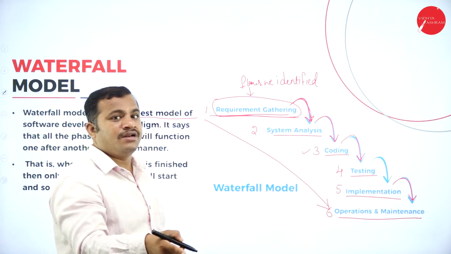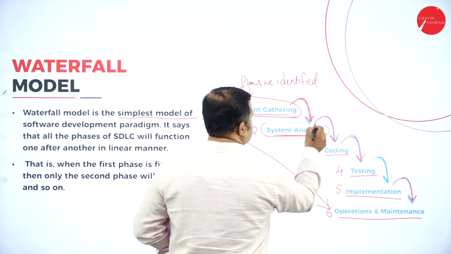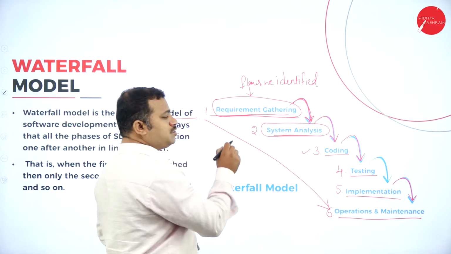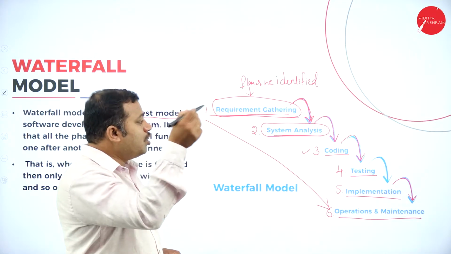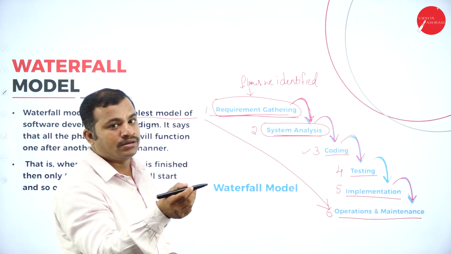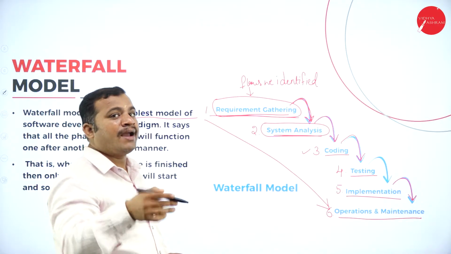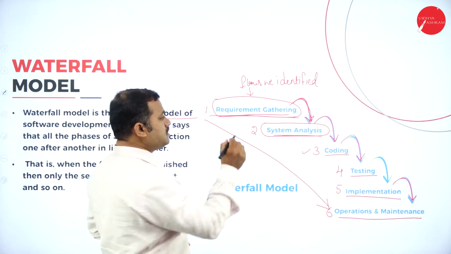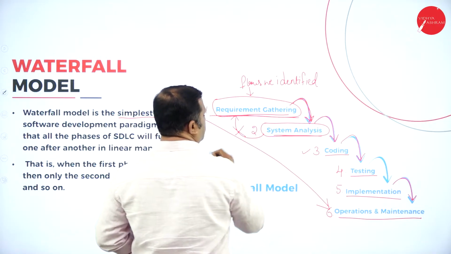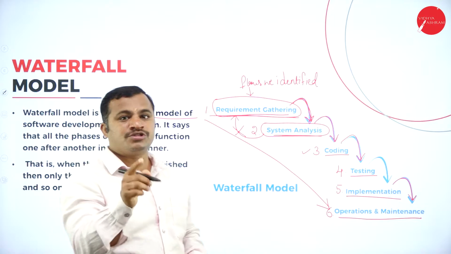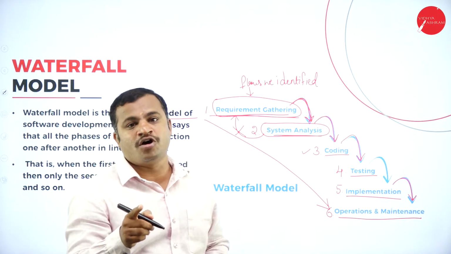Then only we shall move on to the next phase, that is the system analysis phase. Once the system analysis and design is completed, we move on to the next phase, that is coding. But there is a drawback: you cannot come back to the previous stage, that is requirements gathering, once you proceed further. That is the main drawback of this waterfall model.